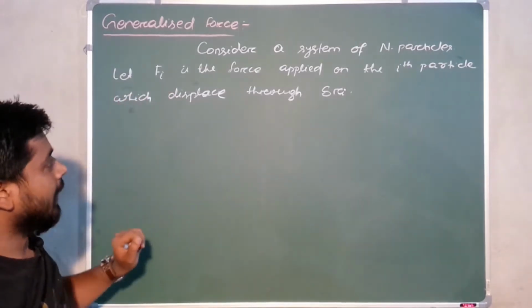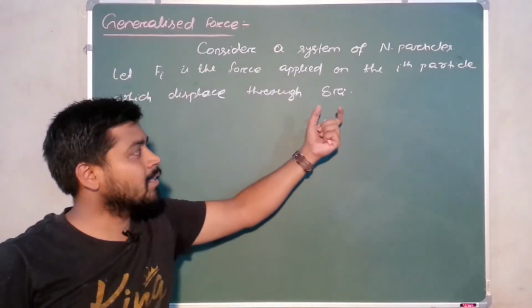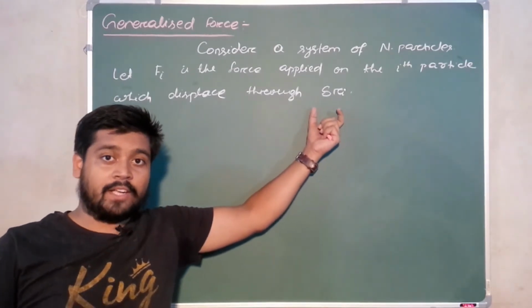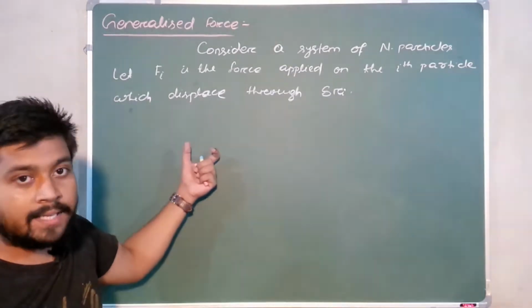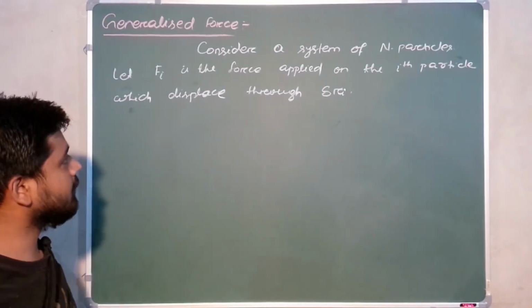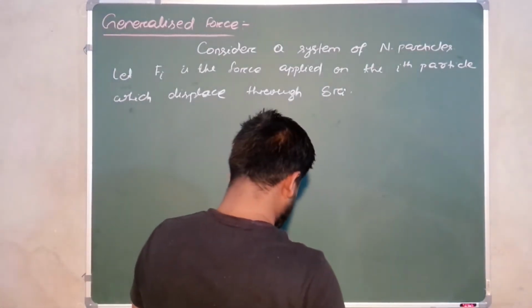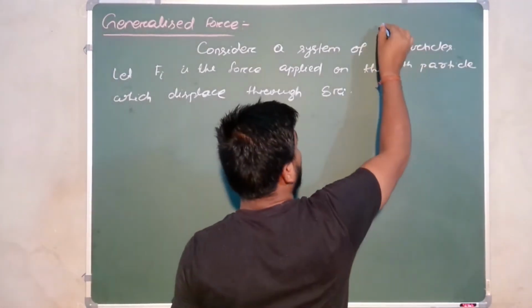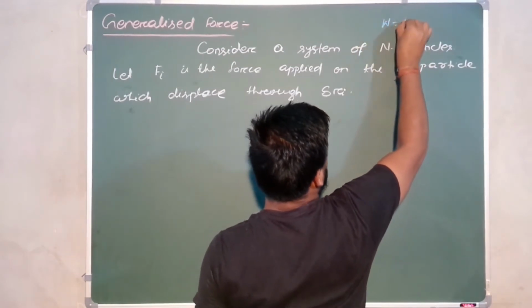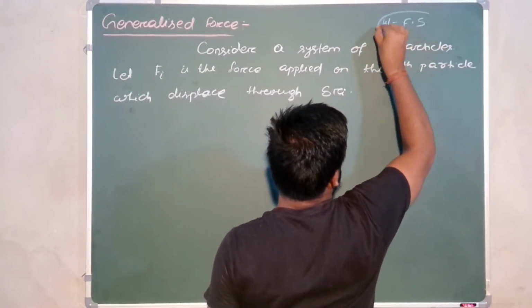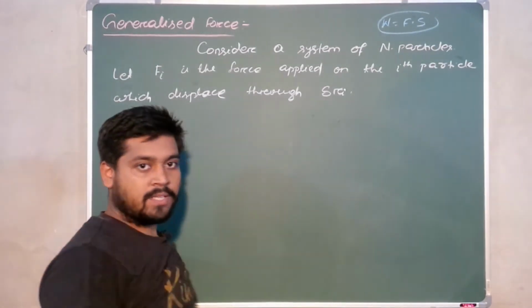Yes or no? As force is present, displacement is present. So here the work done must arise. Because we know the formula for work done. What is the formula for work done? Work done W equals F dot S. Yes or no? Force dot displacement.